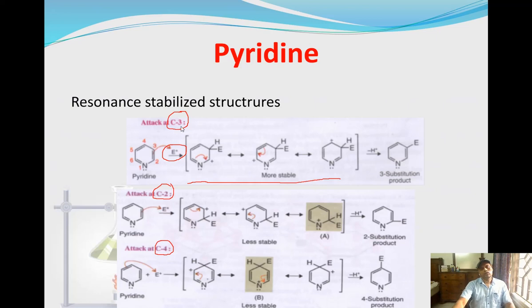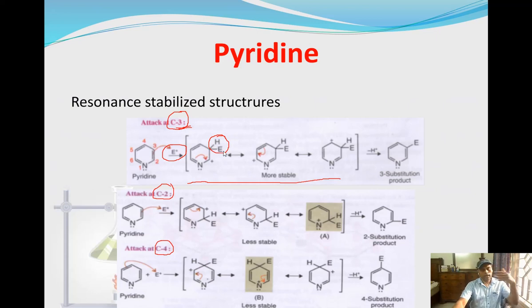Alright, let's look at C3 attack. The electrophile has attacked at C3 here, right? So here is the attachment of the electrophile. Then there will be changes in the charges in the pyridine. When the electrophile attacks over here, the pi bond electrons are going to shift to the electrophile.